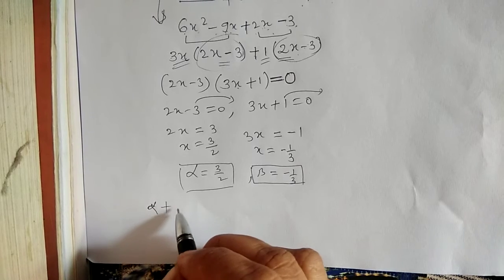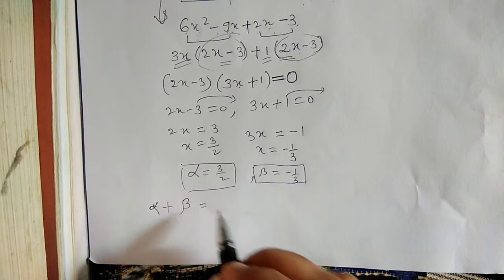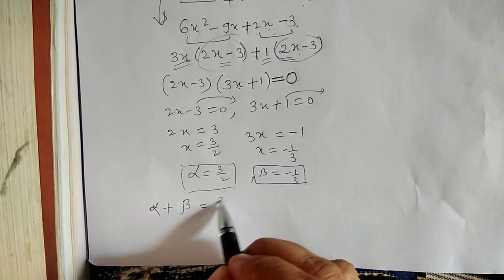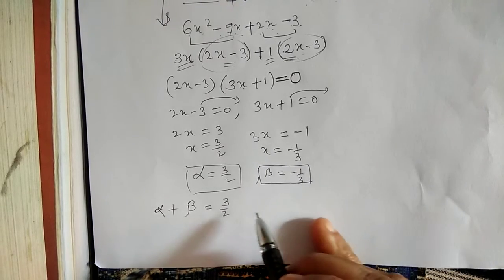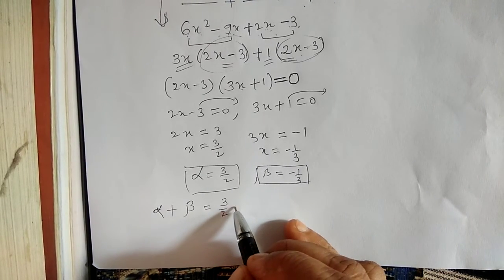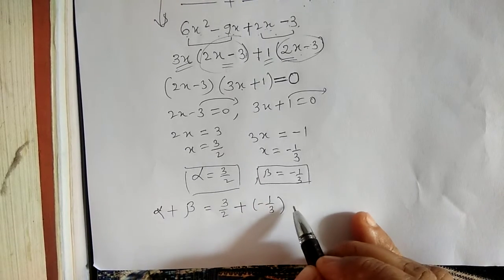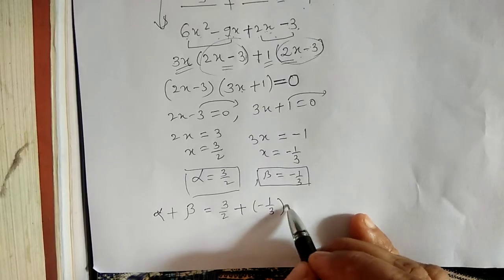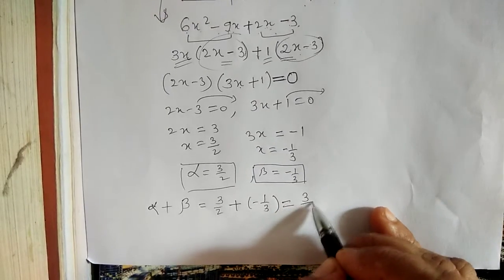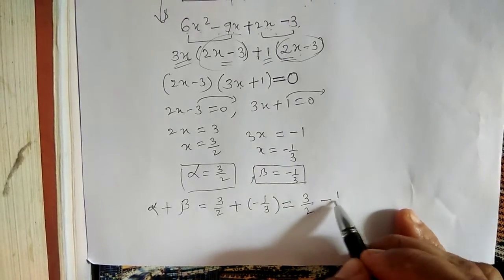Alpha plus beta is equal to 3 by 2 plus beta is minus 1 by 3. So we got here 3 by 2 plus minus 1 by 3.